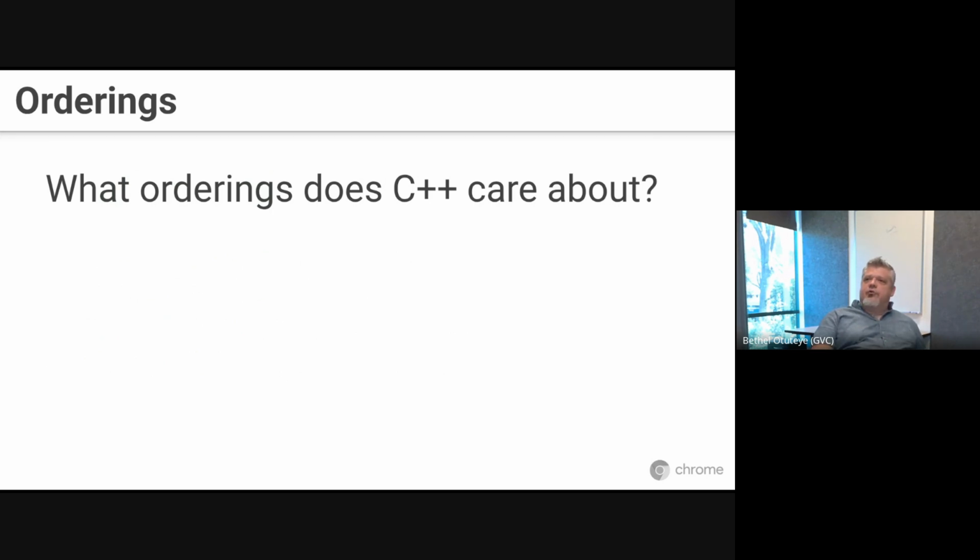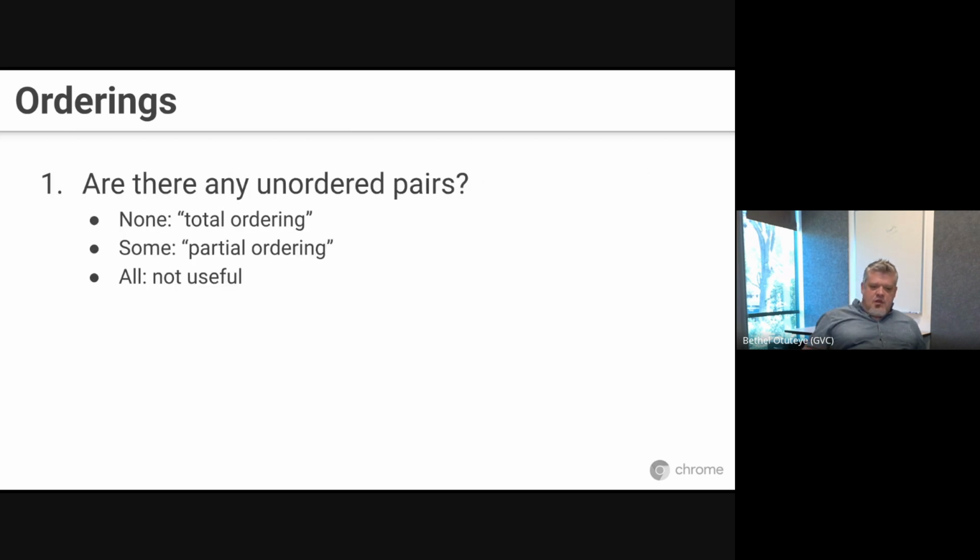Well, what orderings does C++ actually care about? The first question you ask in your set is, are there any unordered pairs? If you have no unordered pairs of elements, you have a total ordering. If there are some, you have a partial ordering. It's possible to have a set where nothing can be compared to anything else, but C++ doesn't even bother to give that a word because the whole context here was that we were trying to write comparison operators.